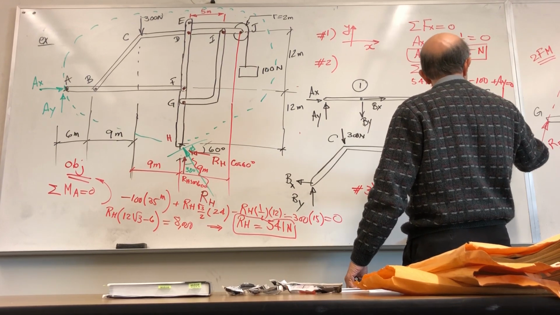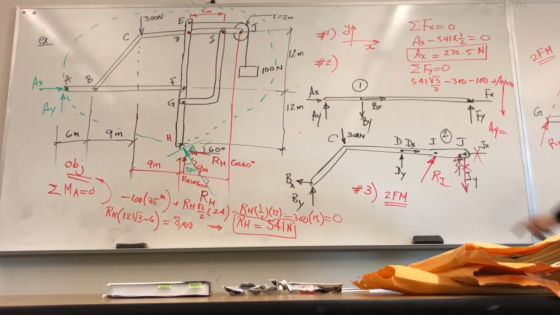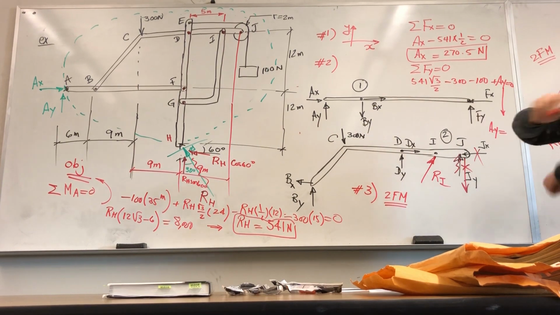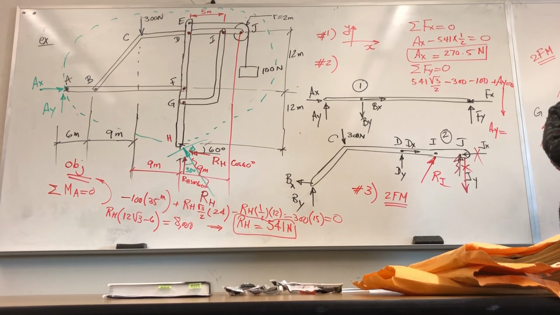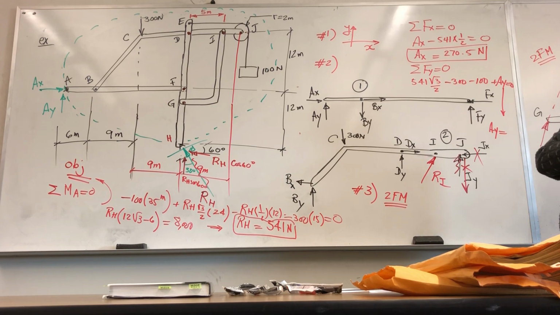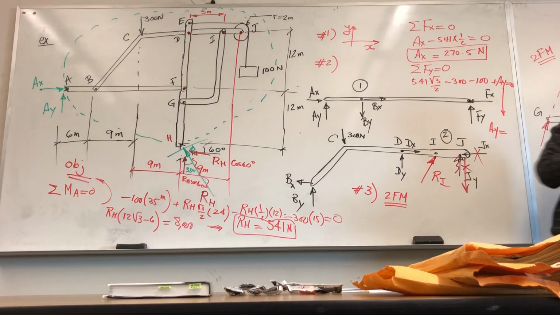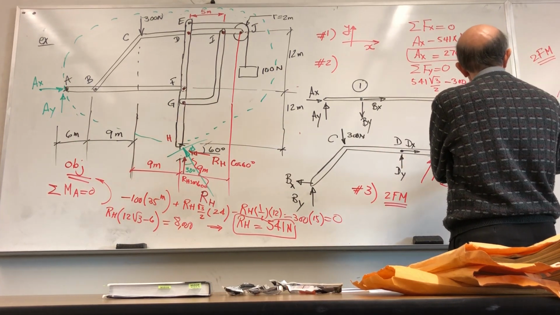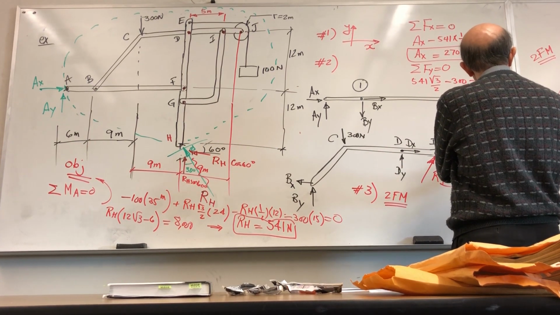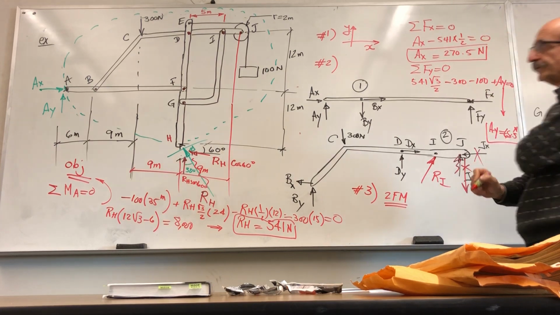So that'll give me AY would be how much? 541 square root 3 over 2 minus 400. Could you give me that one? Anybody? You gotta do some work. Yes. Yeah, 68.5. 68 what? 0.5. Oh, that's good. So 68.5 Newton, and that turns out to be positive.